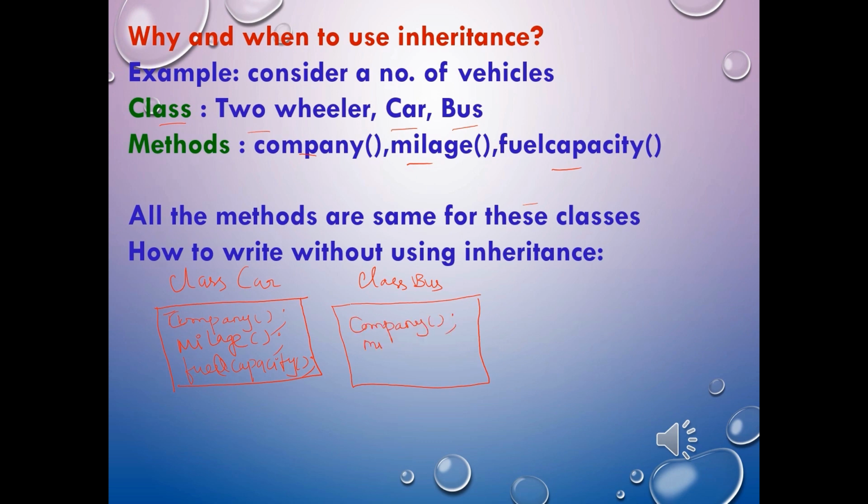And another class, two-wheeler, also consists of these 3 methods. So we have to create 3 classes, and all of them will have the same methods.